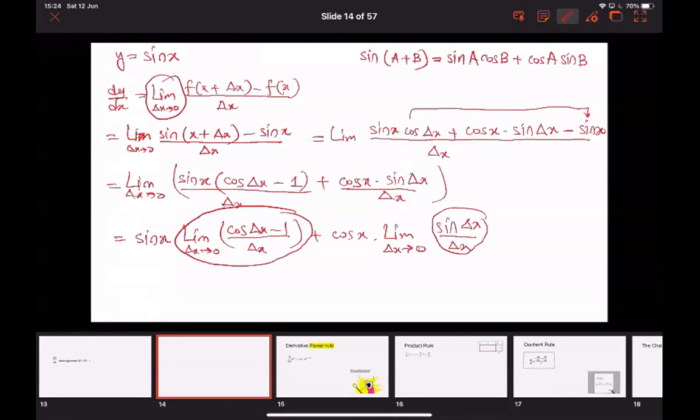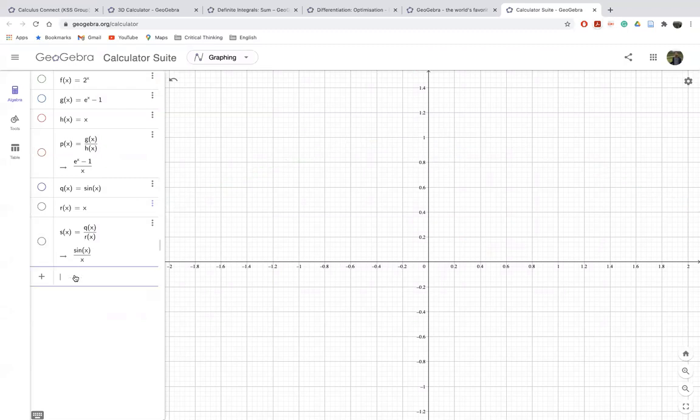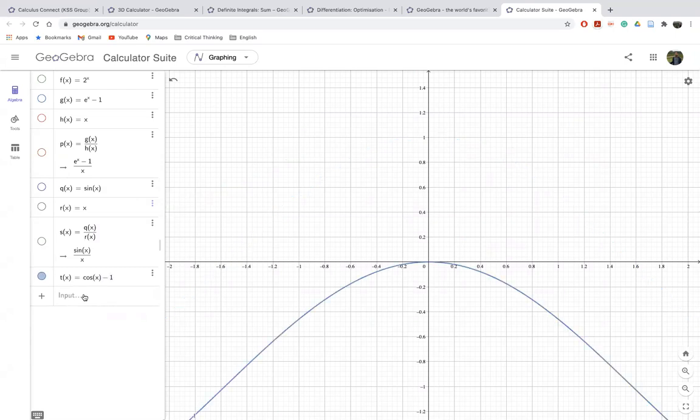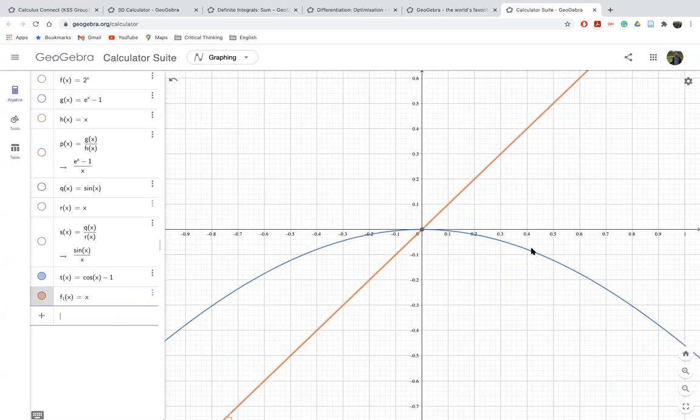So let me also try to sketch these two graphs. I have here cos x minus 1, and x. Now, as you can see, if I divide these two, cos x minus 1, when you go close to 0, they're not overlapping.